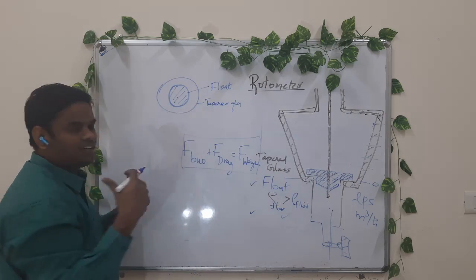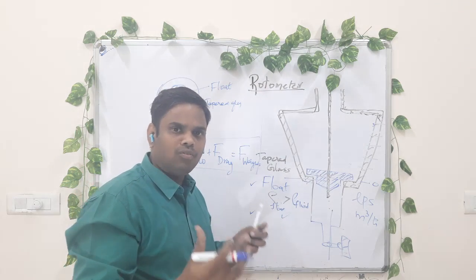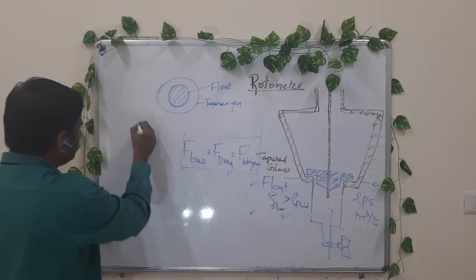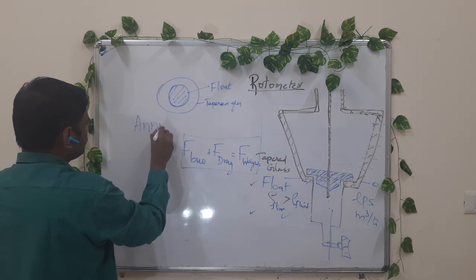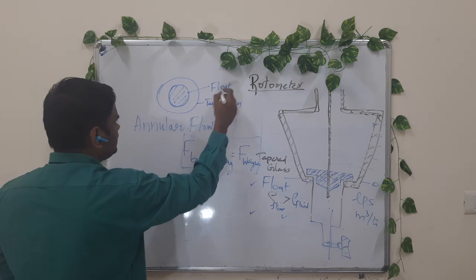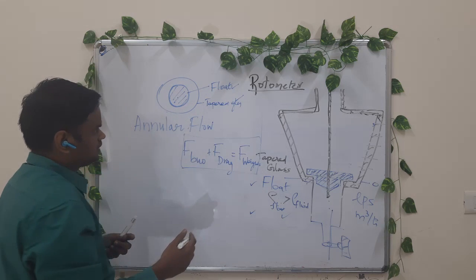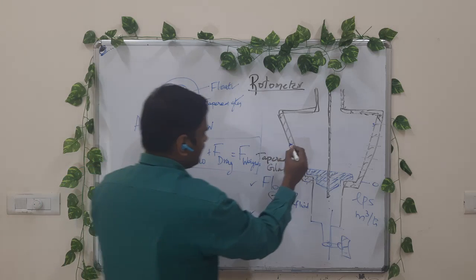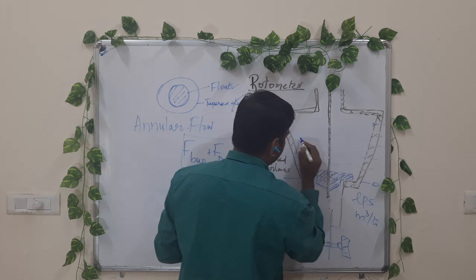Actually, where the flow is taking place, the flow of fluid is through an annular region. So it is an annular flow taking place between the float and the tapered glass. For example, this is my float position.